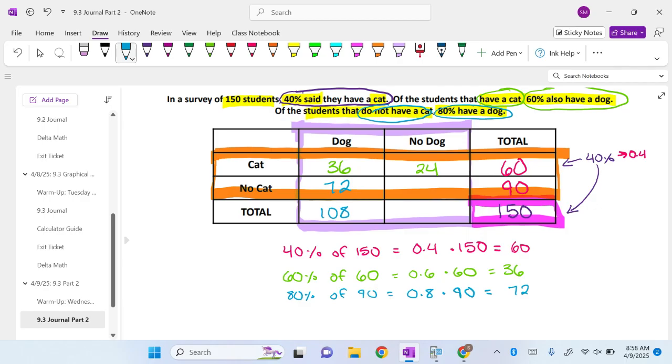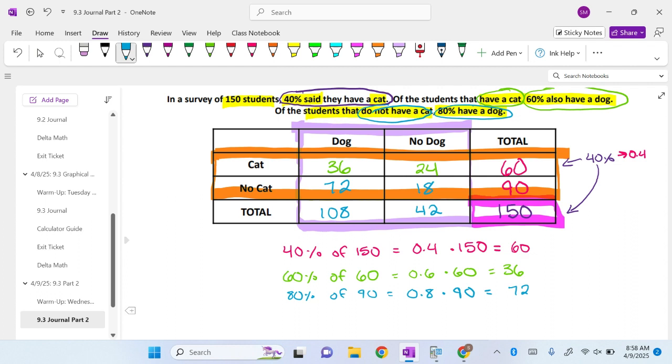Say it again. It would be 18. We would just subtract 90 and 72. So how many people had no dog total? 42. And then to check, 108 plus 42 does give us 150. And just like that, we filled in our frequency table.